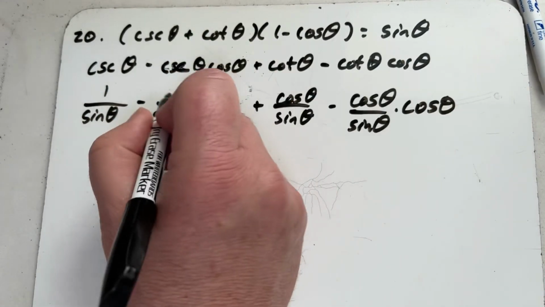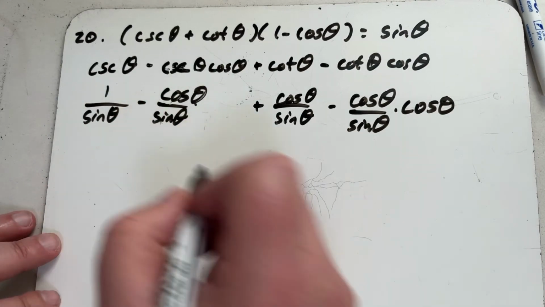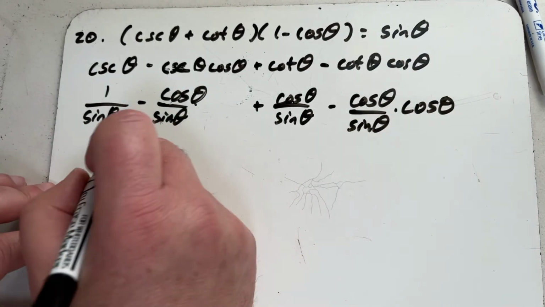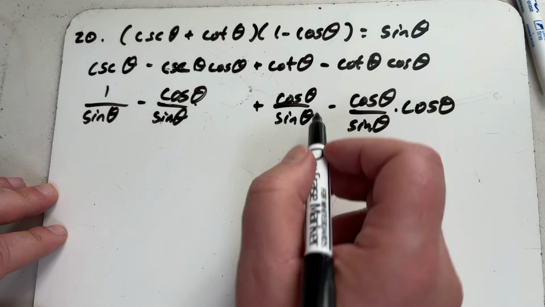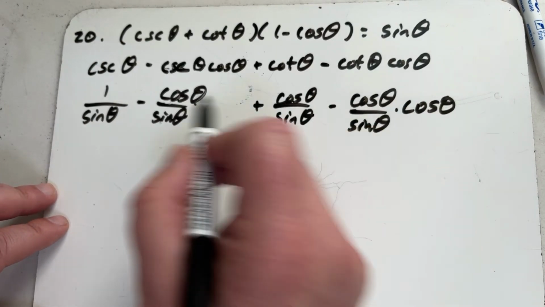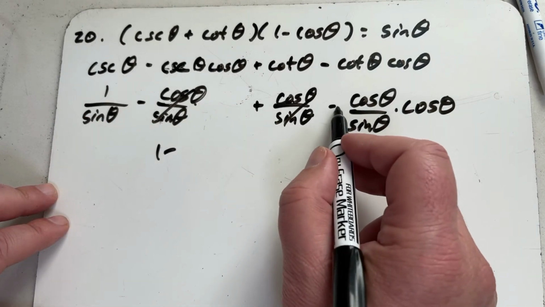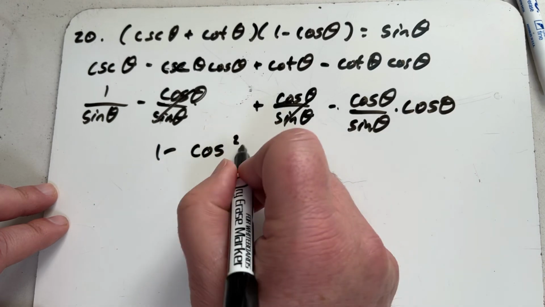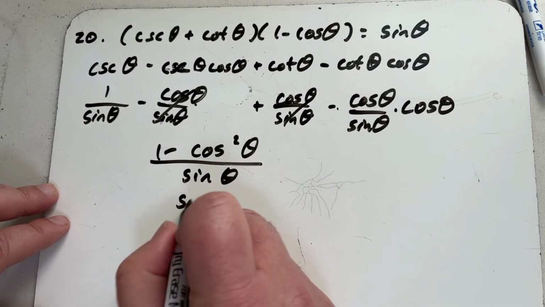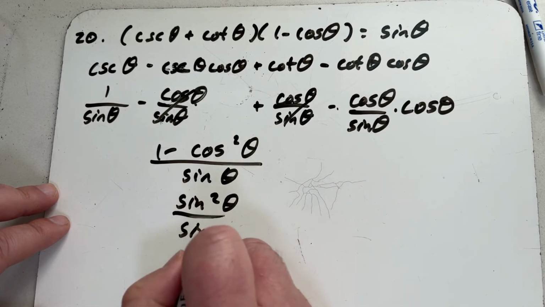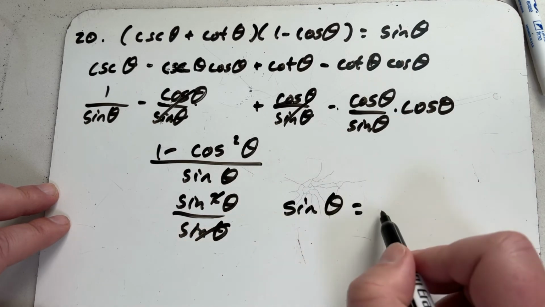Just put the cosine on top. So they all have sine. So we have these are gone here. Cosine over sine plus cosine over sine, those are gone. I'm left with, on the top, 1 minus cosine squared, all over sine. 1 minus cosine squared, of course, equals sine squared. Cross it out, and I am left with my answer.